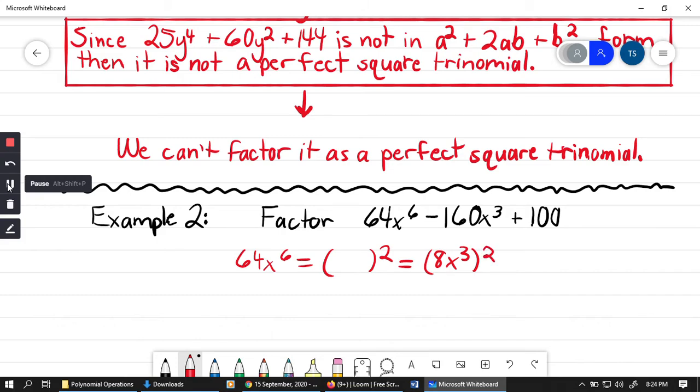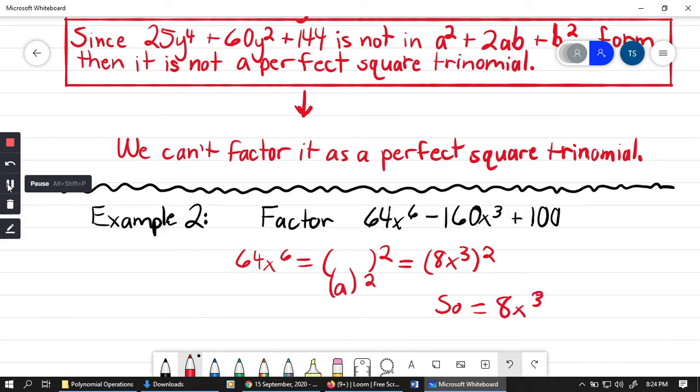Alright, so if that is the case, okay, it's a perfect square. This part of it is, and so that means that a is equal to 8x to the third power.